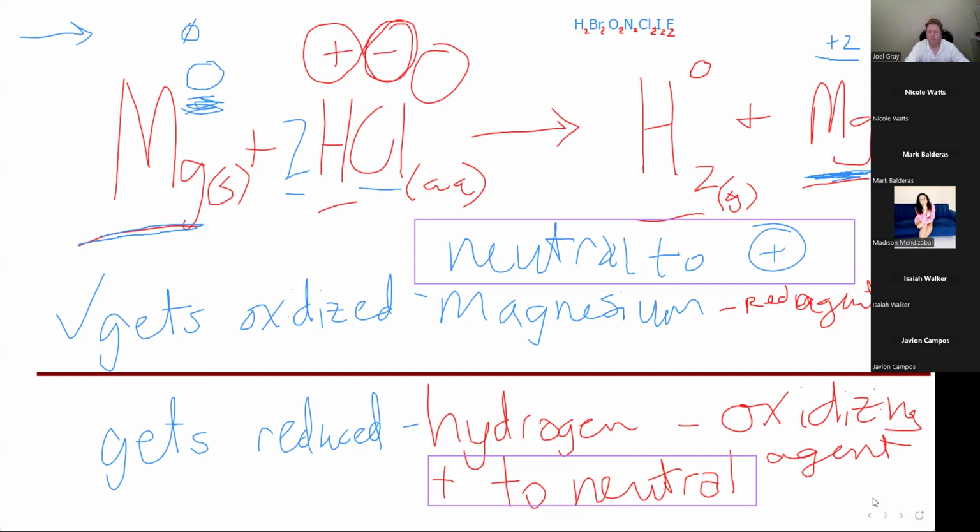Do you understand the rules? Good. Do you understand every exception to the rule? No? Well, that's not what I'm looking for. I'm looking for, do you understand the rules of the game, so you can say which is an oxidizing agent, which is a reducing agent, which gets oxidized, which gets reduced, and so on.